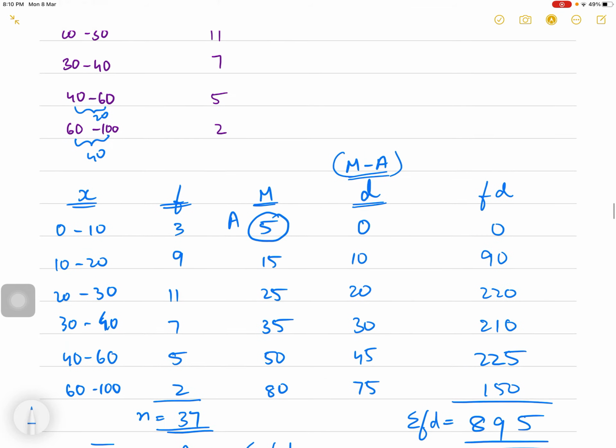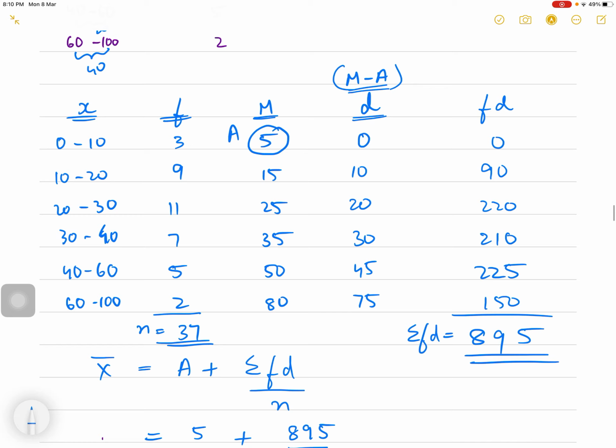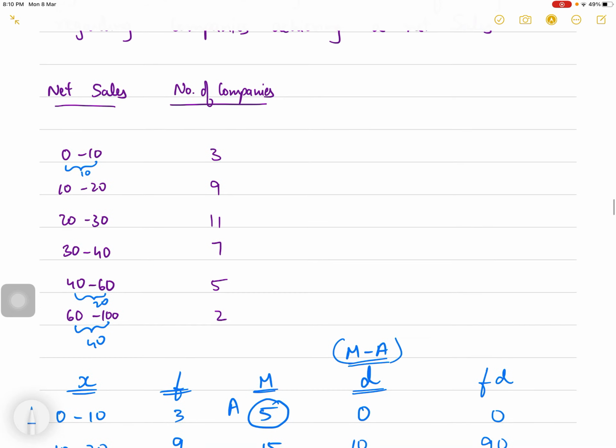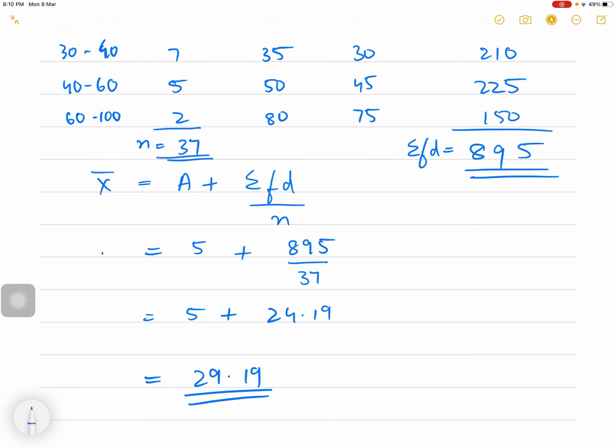So in this problem we couldn't do the step deviation method because the width was not the same. Here it is 40, here it is 20, here it is 10. So the width is not the same. That's why we could not do the step deviation method, so we did the deviation method. When the width is equal, then we can do the step deviation method.